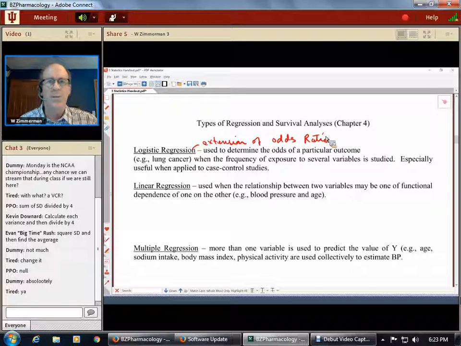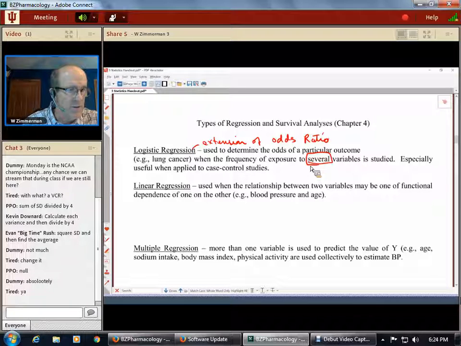An odds ratio we looked at last week, and that was when you had people that were sick and people that weren't sick, and you studied their exposure to a particular possible pathogen, and looked to see if their exposure rates were different. Logistic regression isn't looking at just one factor, it's looking at several variables at once. As I say, it's especially useful and applied to these case control studies.